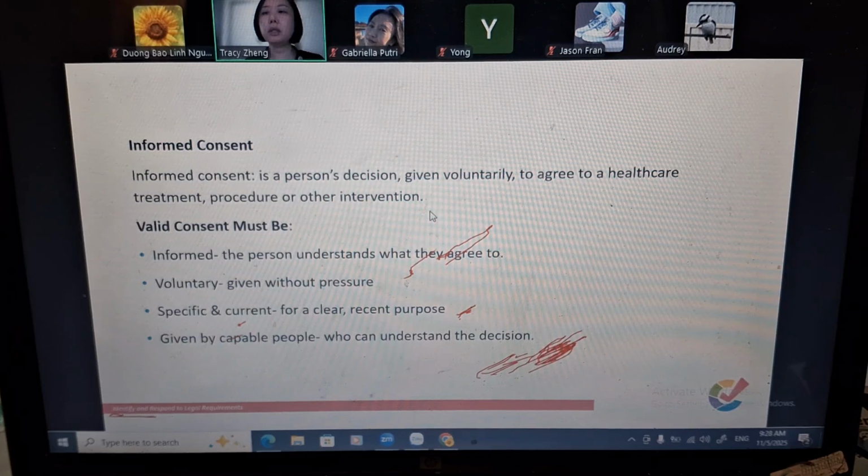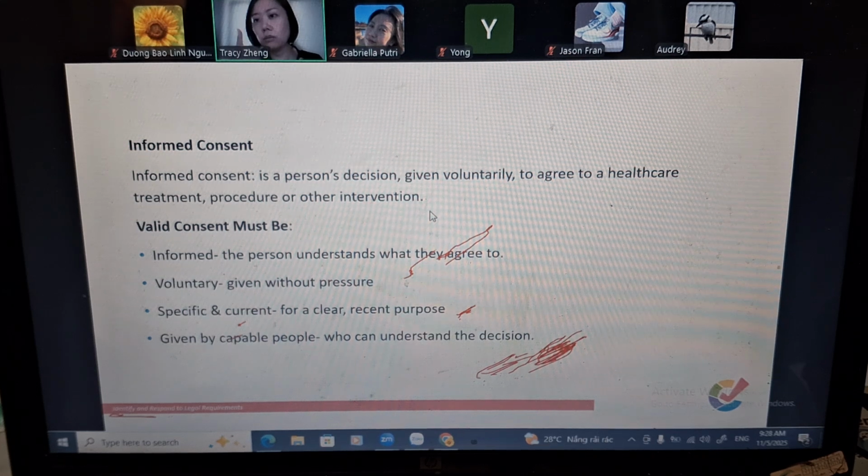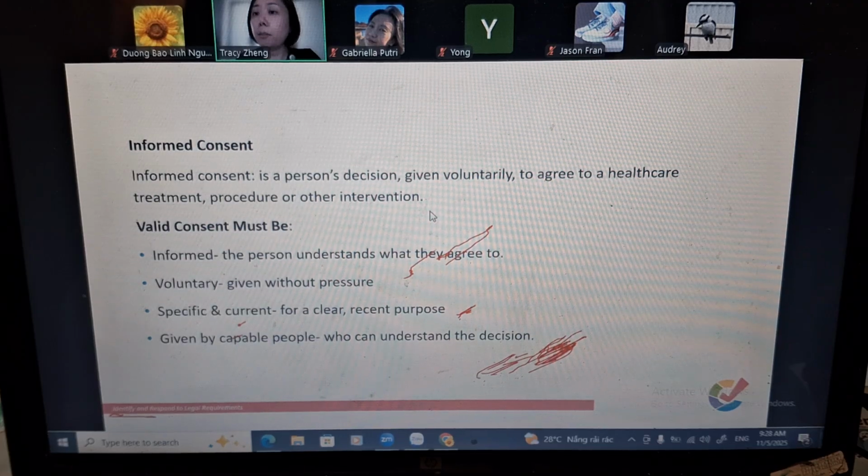For example, the person is not able to talk, but gives a thumbs up, meaning good to go. Or the other way is they can sign, or somebody will sign on their behalf to give you consent.